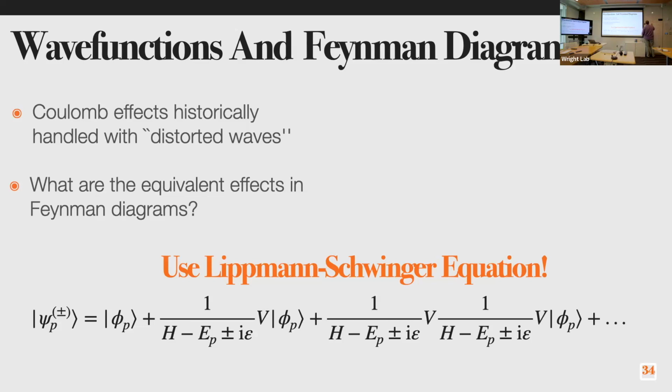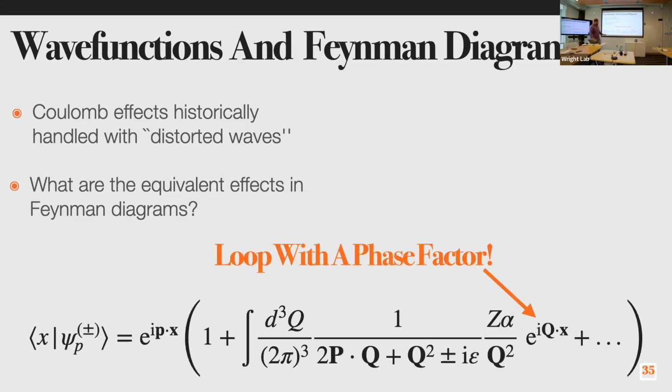The term I pick up in the end is always this one. It turns out that if you wrote out the Feynman diagrams and just did them, you would get this at leading order in the Z alpha expansion without that funny phase factor.